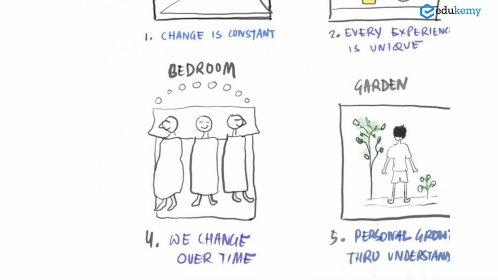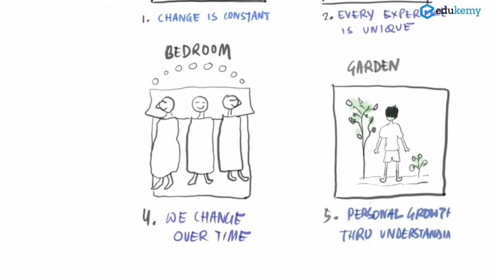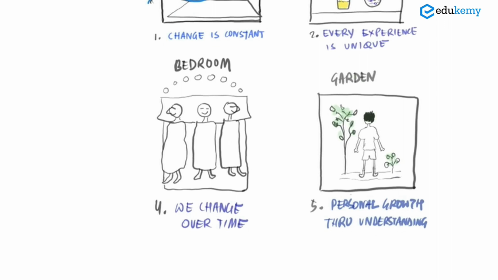And then let's go to fourth. Fourth is perhaps your bedroom, and bedroom is all about how you are going through time and you are changing your position, from the left to center to right, and that you change over time. That is what you must remember when you think of this image, that your sleeping positions change with time.